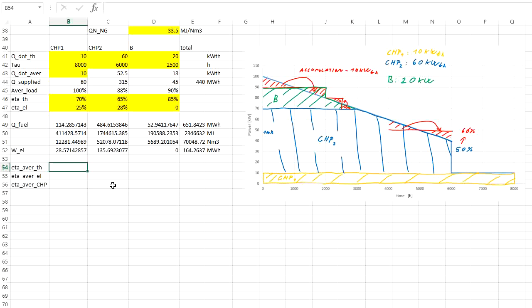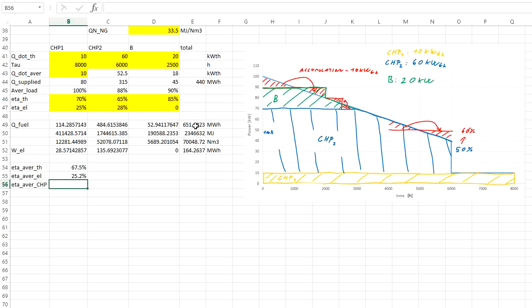So the average efficiency of producing heat is the supplied heat divided by the heat in the fuel. Now the average electrical efficiency is the produced electricity divided by the heat in the fuel.